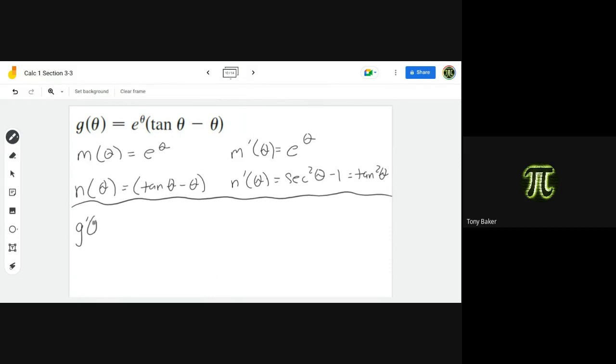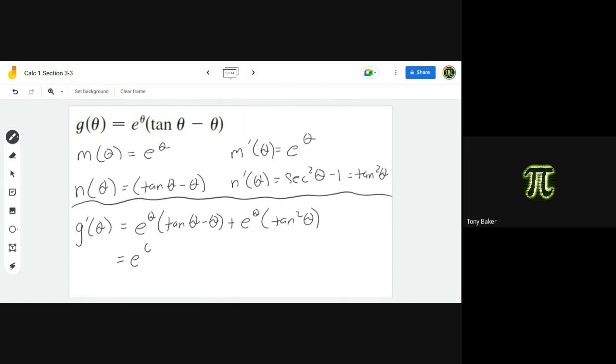So G prime of theta equals e^theta times tangent theta minus theta plus e^theta times tangent squared theta.